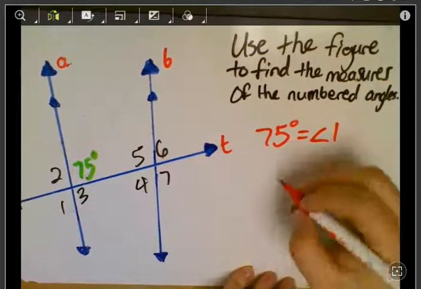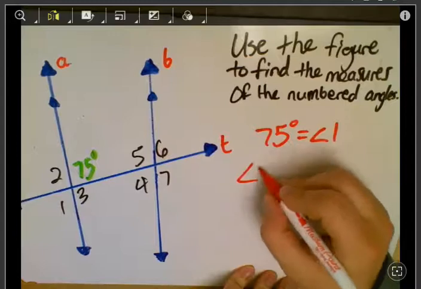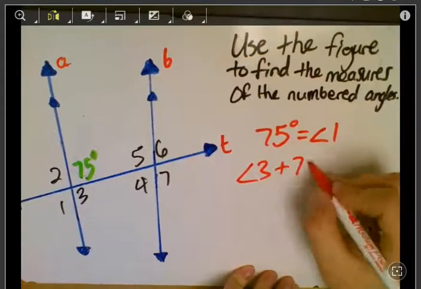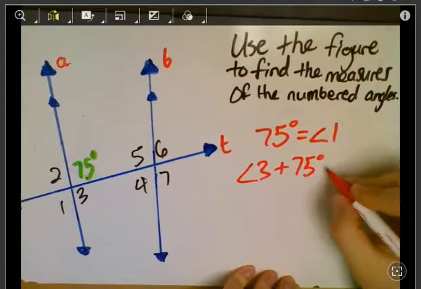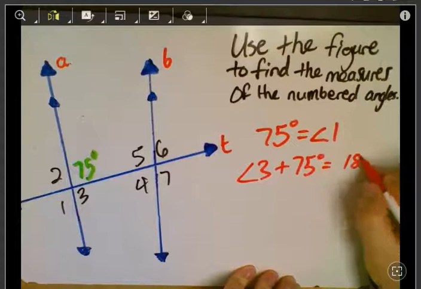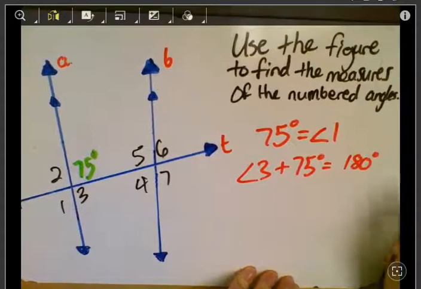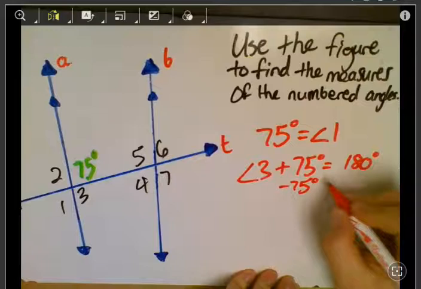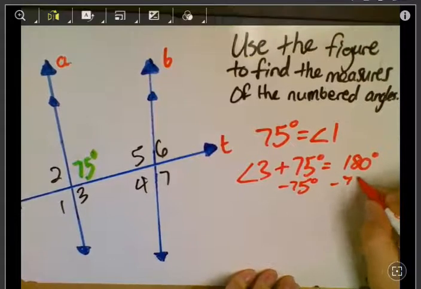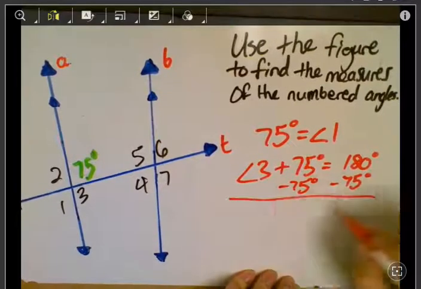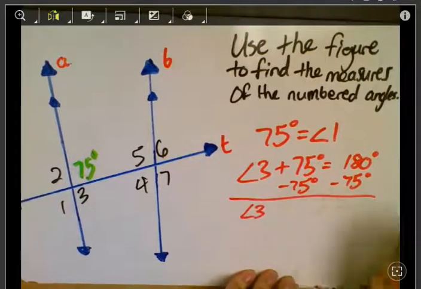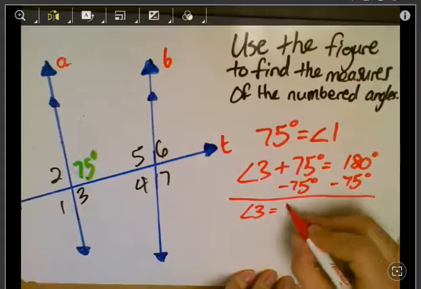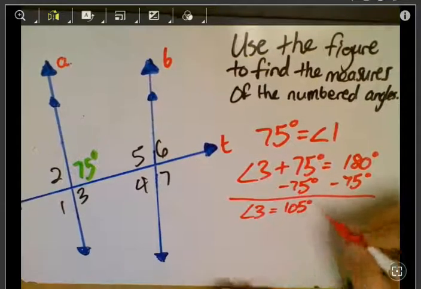To figure out what angle 3 is exactly, we just subtract 75 degrees from both sides, like an algebraic expression. And that gives us angle 3 equals 105 degrees.